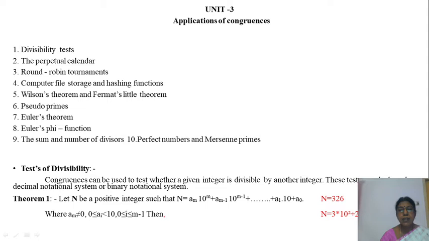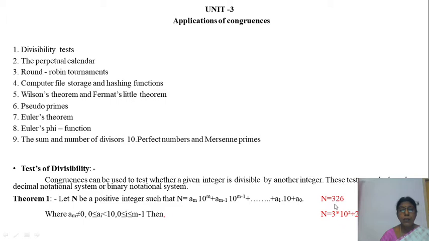Start with the right side, assume this is a0, 6 is a0, plus come to the left side. Then the next one is a1 into 10 power 1. Assume a1 is 2. Next, come to the left, then the next one is a2 into 10 square. Assume a2 is 3. Like that.